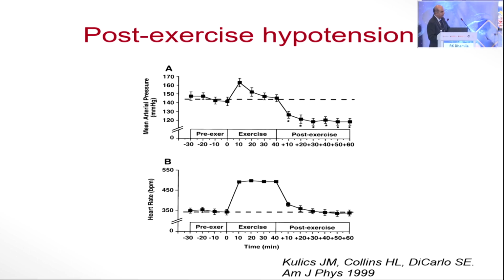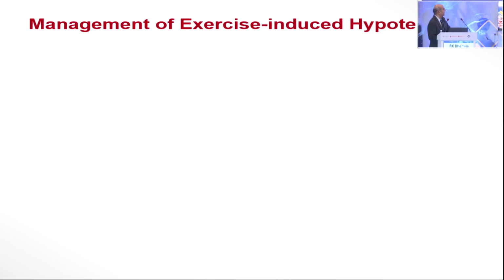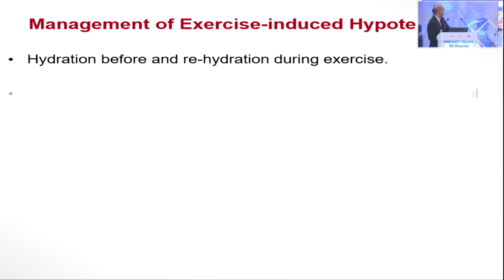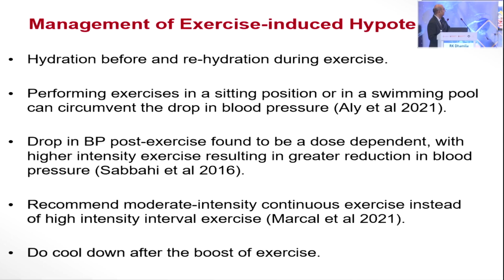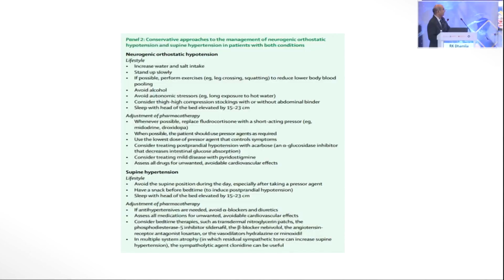In a patient with Parkinson disease, early Parkinson, quite young, very active, but has a post-exercise dipping in the blood pressure, and that is very important. Of course, you have all these recommendations which have been in the literature. Hydration is one of the most important things, and moderate intensity exercise, not very heavy, unaccustomed exercise, and a cool down after exercise.